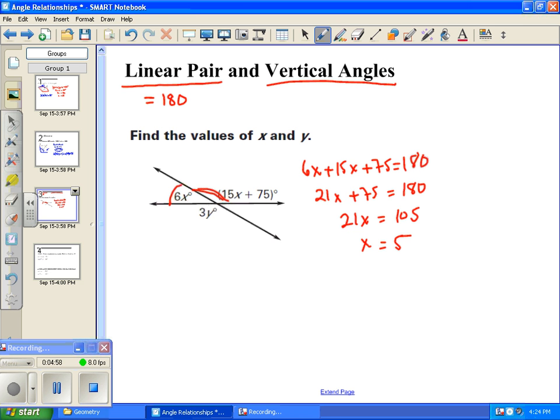I'm going to need one of the angles. And what I'm going to use for this part is the vertical angle relationship. Vertical angles are two angles that are kind of opposite each other, like the 3y and the 15x plus 75. If they're in this position, vertical angles, then we know that those two angles are congruent.